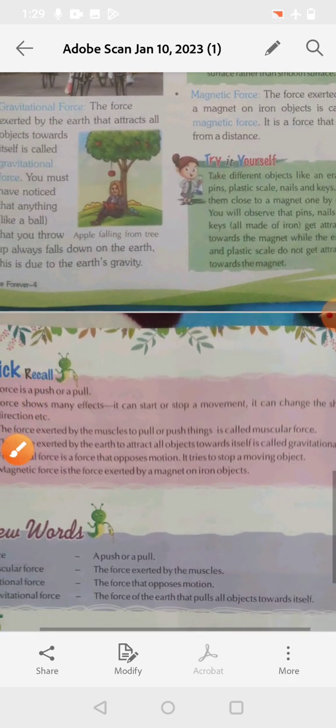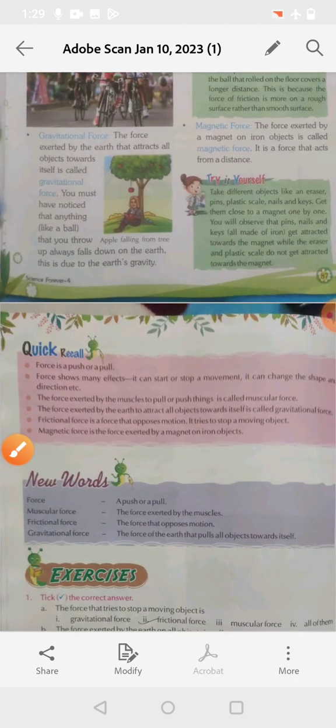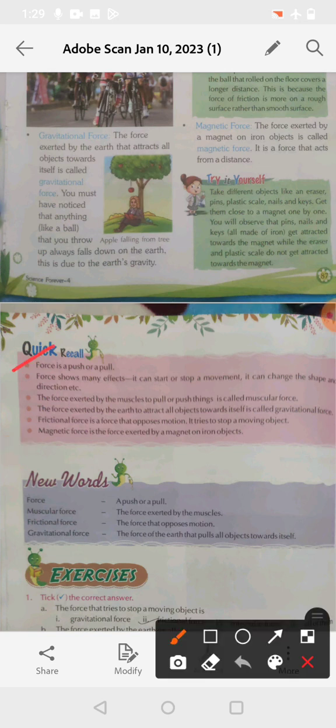Let us quickly recall once more what we have learned just now. So number one, we have learned that force is a push or pull, and force shows many effects. It can start or stop a movement. It can change the shape and direction, etc. Right? The force exerted by muscles to push or pull things is called muscular force, when we are using our muscles, and the force exerted by the earth to attract all objects towards itself is called gravitational force.